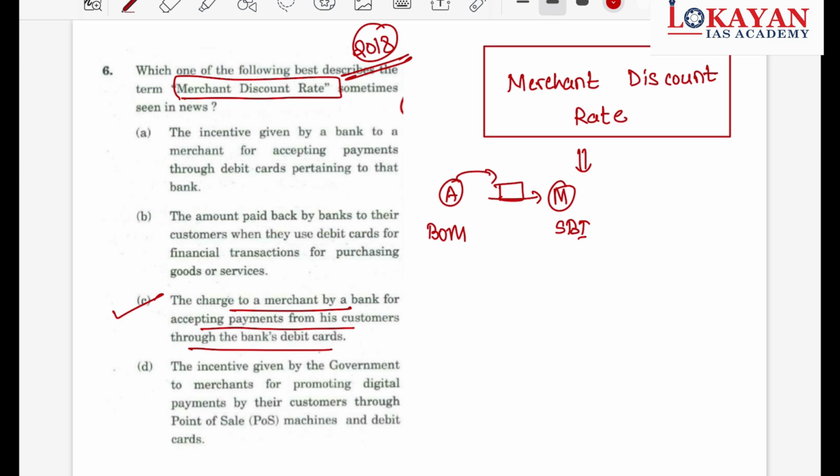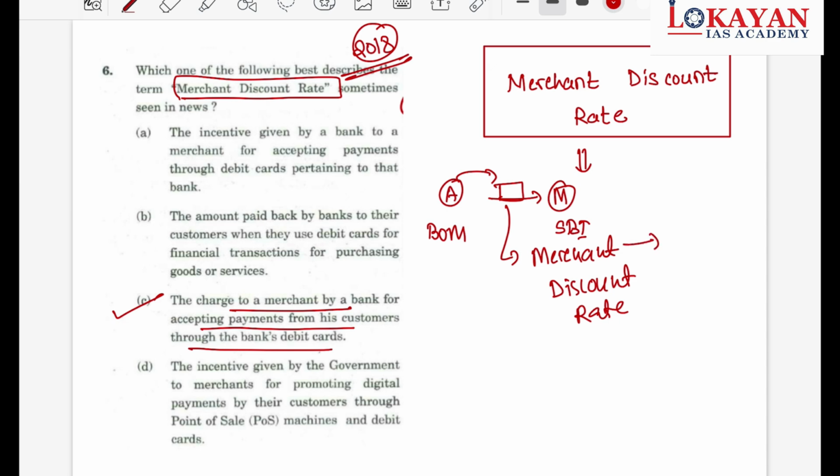Then for accepting the payment, State Bank of India will charge something from the merchant, and that is known as merchant discount rate, MDR.